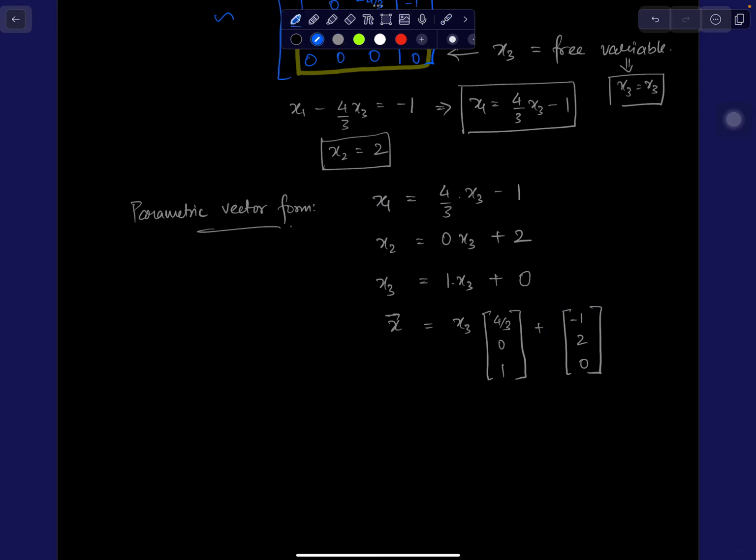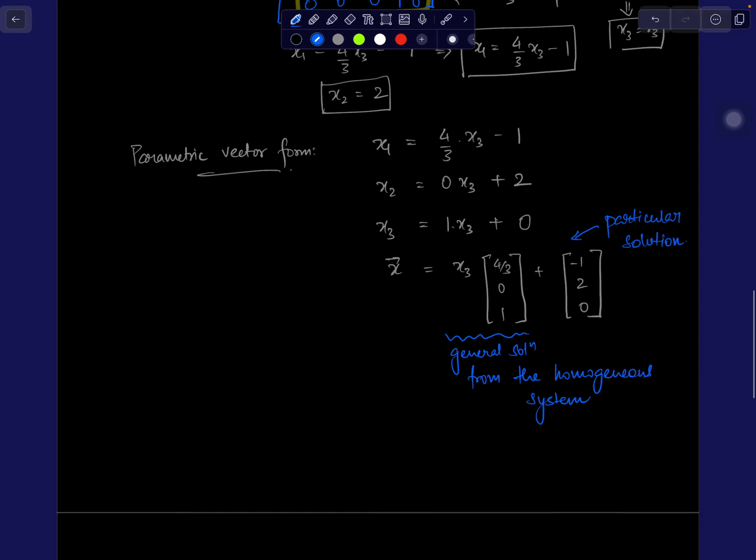So this is the important conclusion over here, that this is your general solution from the homogeneous system, and then this is your particular vector or your particular solution.